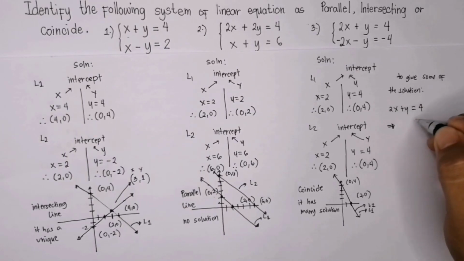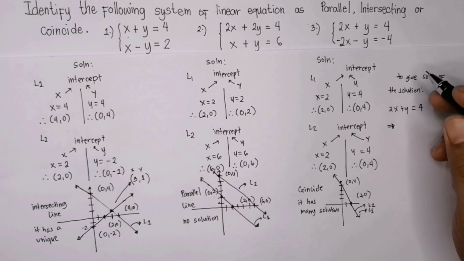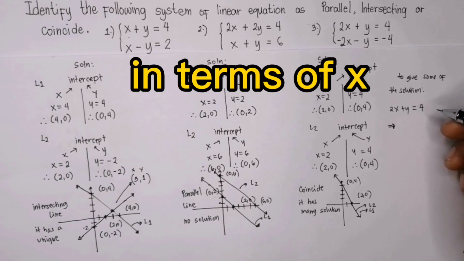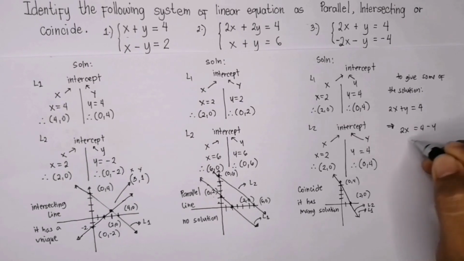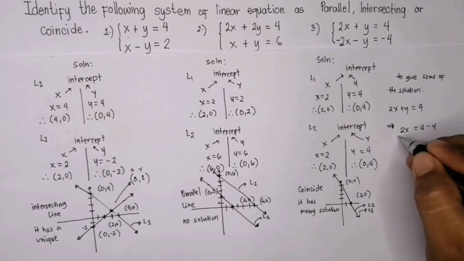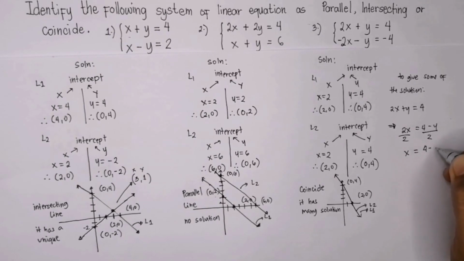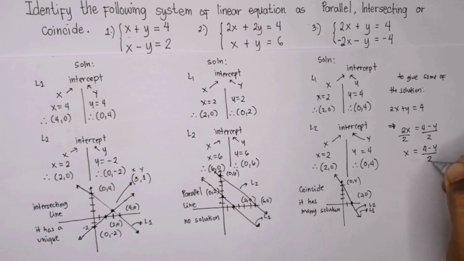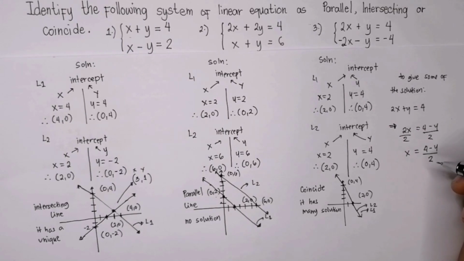We're going to express this line 1 in terms of x. After that, we're going to divide both sides by 2, so you have x equals 4 minus y over 2. In short, line 1 is translated in terms of x.